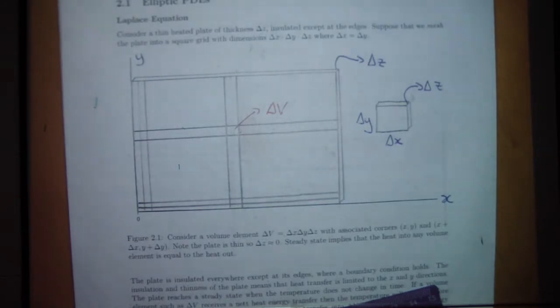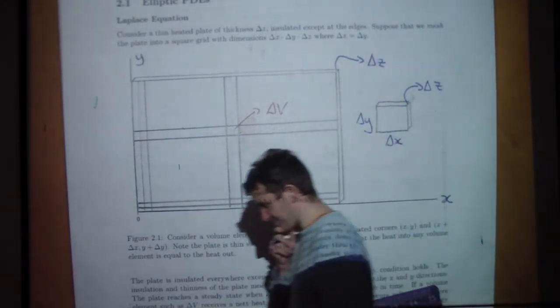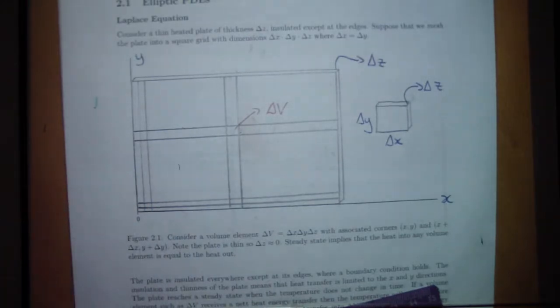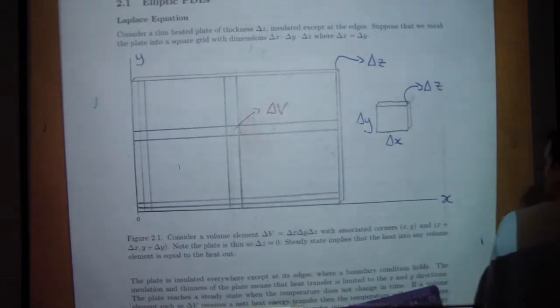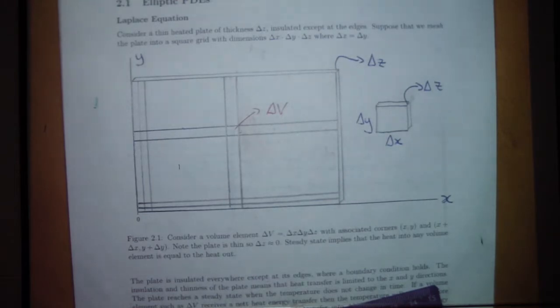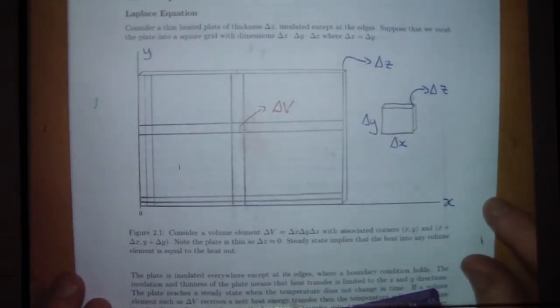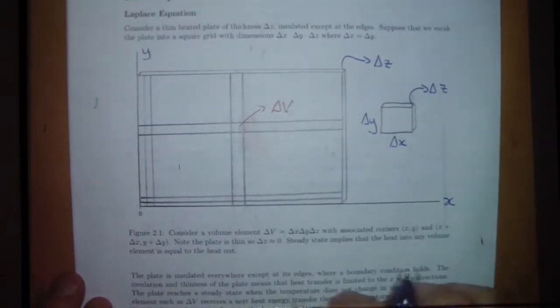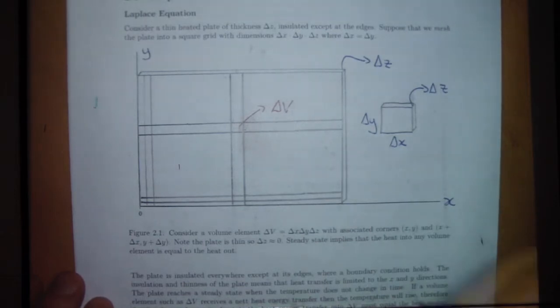Okay, now for what we're talking about, I think it's important that this is small, but not infinitesimally small at the moment. I'll go slowly here because there's a few bits I don't want to mess up. So consider a volume element. We've done that. Now we've got associated corners, so we have some coordinates.